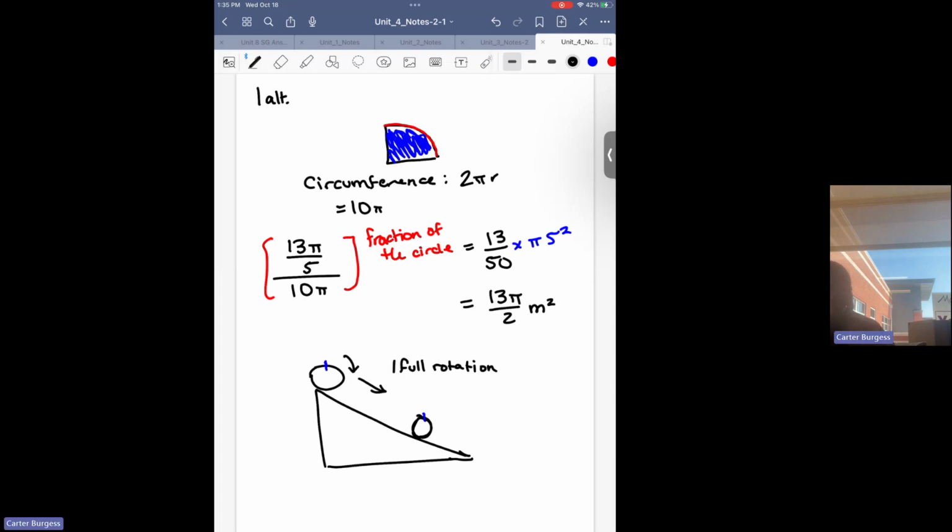It's going to be the equivalent of the circumference. So this distance that we see here, think of this as the circumference of our wheel. See? Just like fully laid flat, this is 2 pi r, or the circumference.